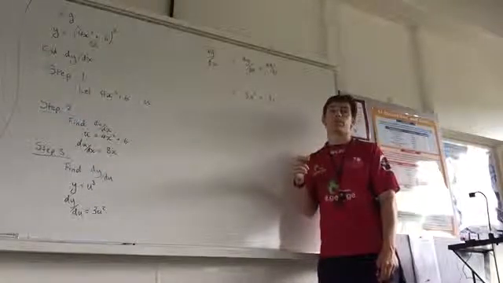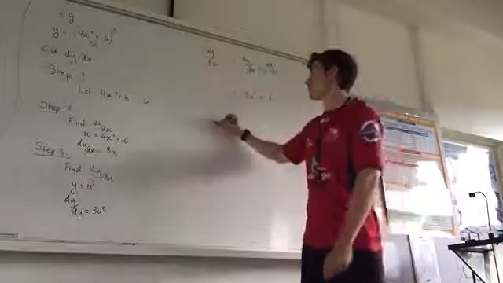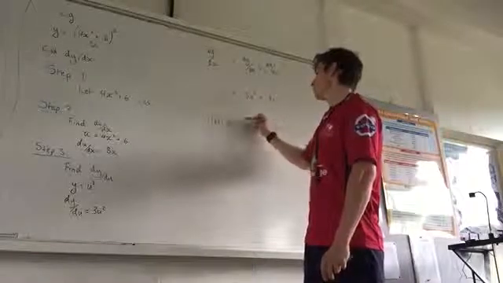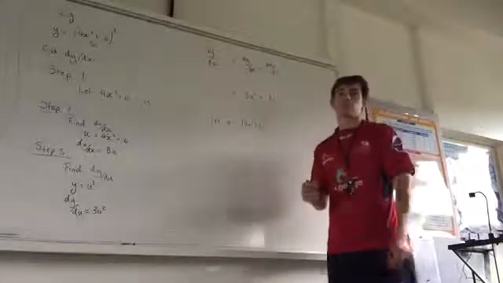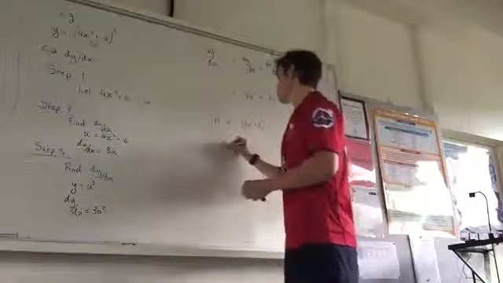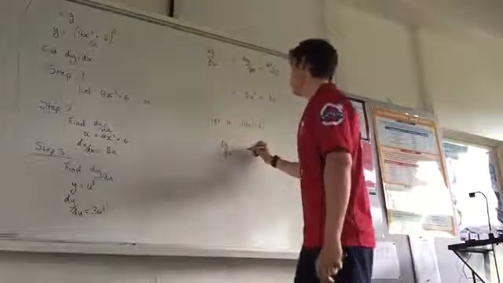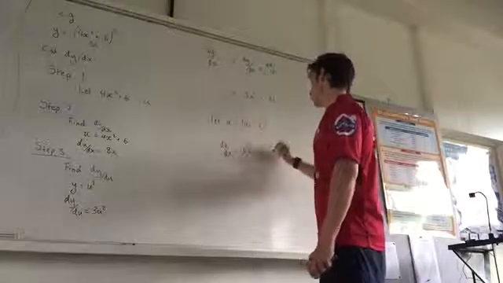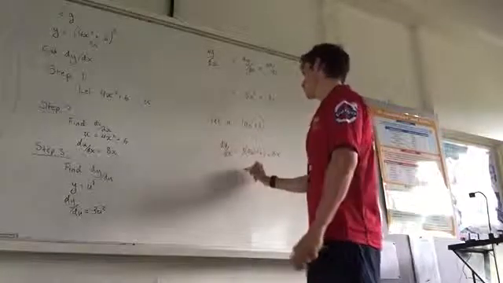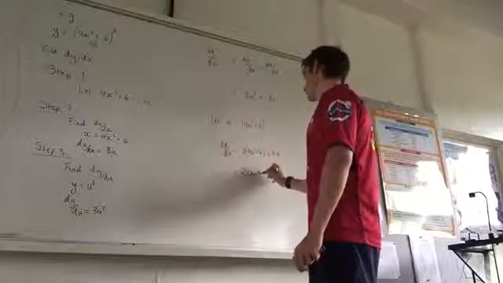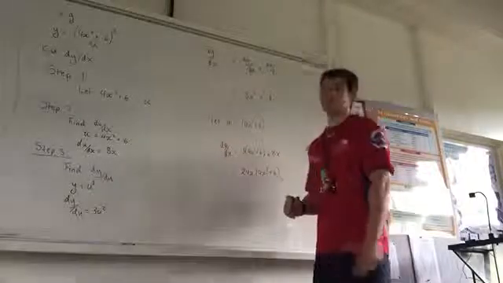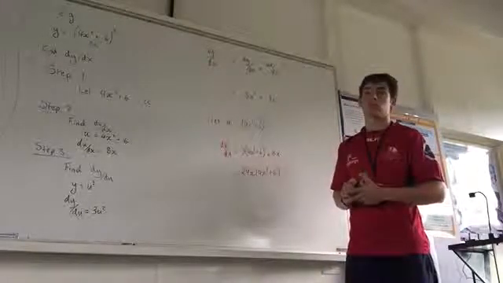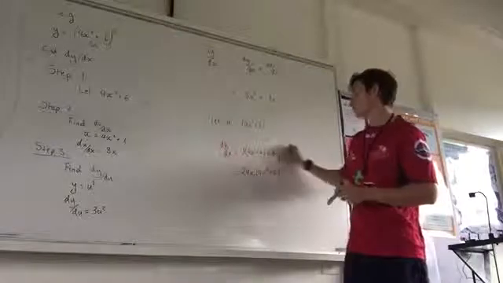What do I need to do now? So, dy dx equals 3 times (4x squared plus 6) squared, times 8x, which gives us 24x times (4x squared plus 6) squared.